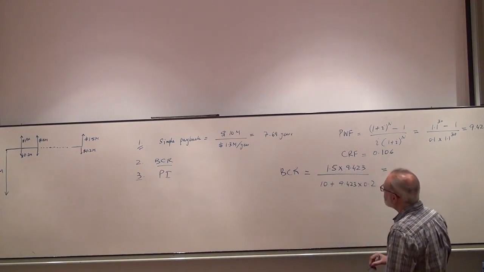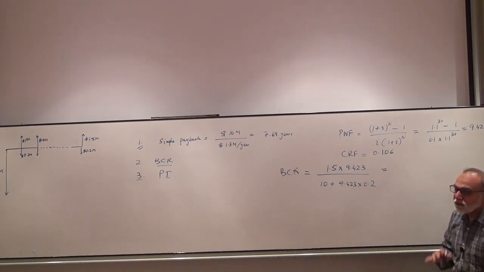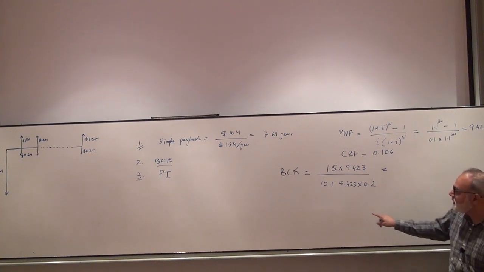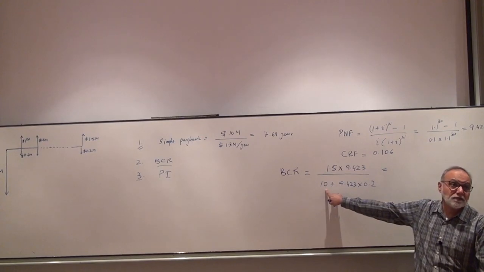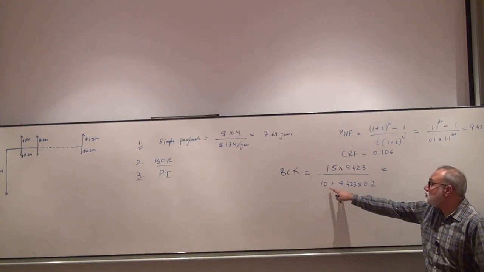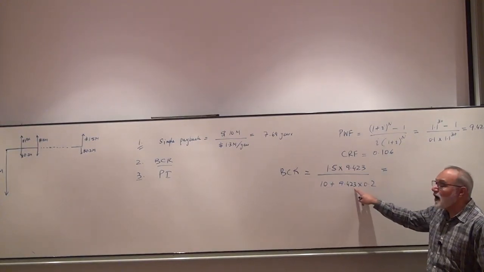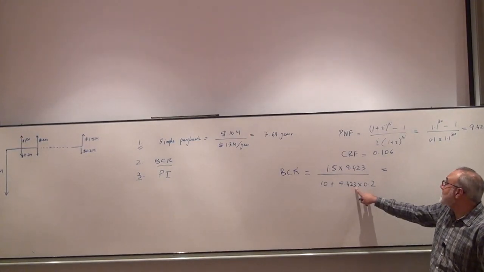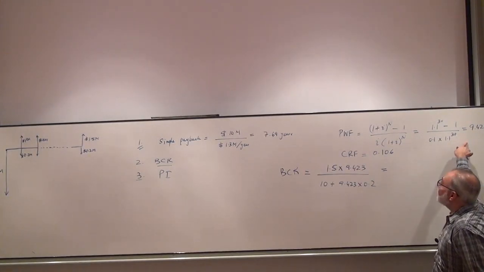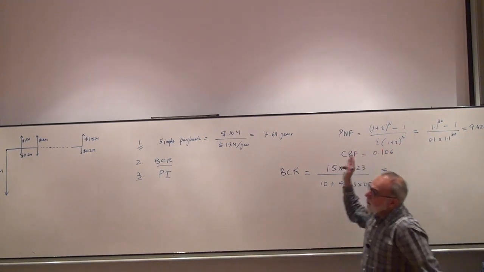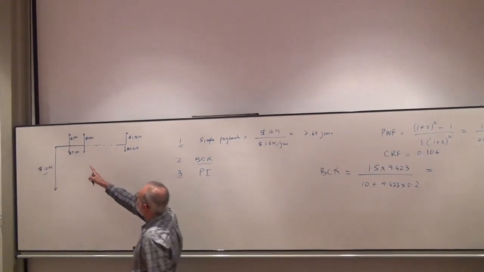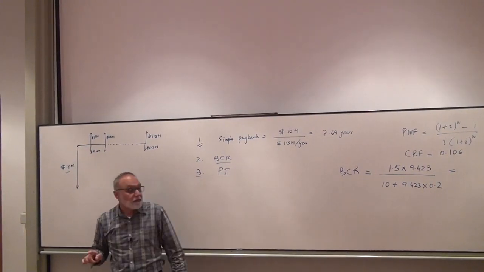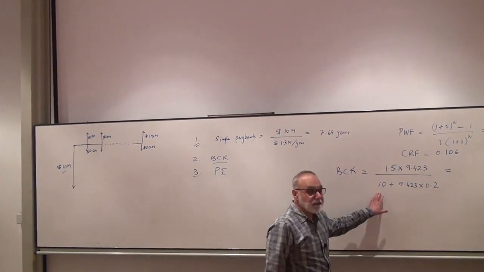That will give us the benefit cost ratio. Please see, this 10 is initial. This is not to be multiplied with this factor. This factor comes from the present worth factor for this 30 years of spread of costs and benefits. This 10 is separate, it is initial.